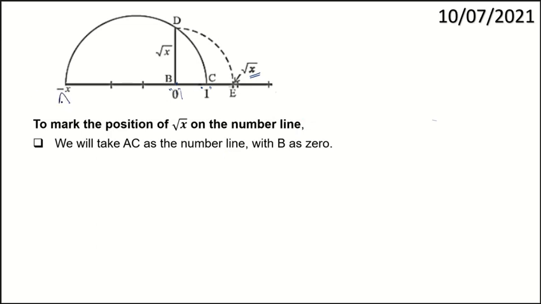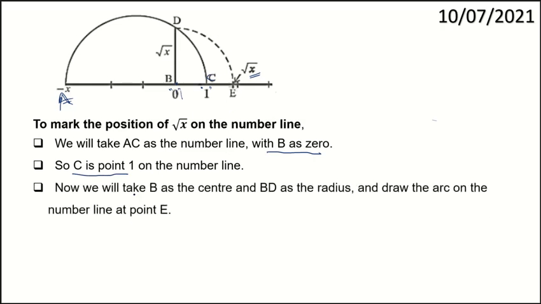This is AC. So AC we will take as a number line, and with B as 0, C becomes the point 1 on the number line.